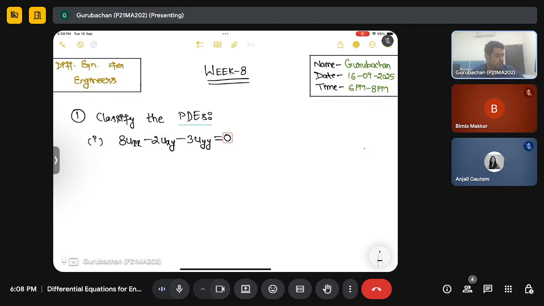So let me first recall the general form of a second order linear PDE.